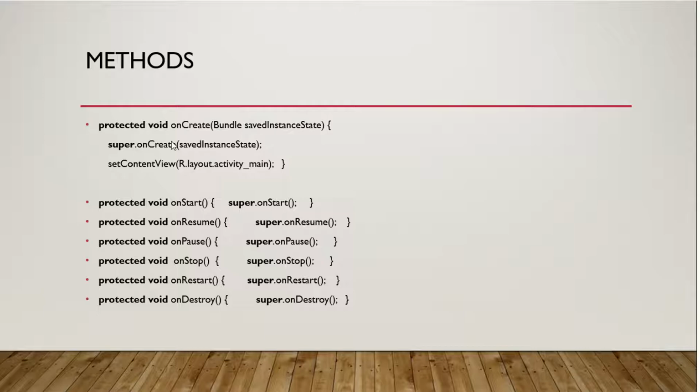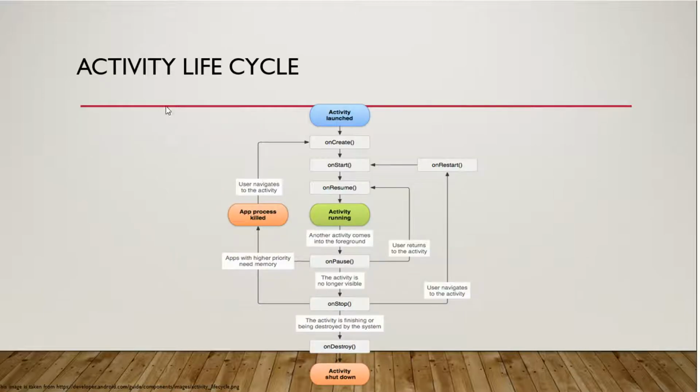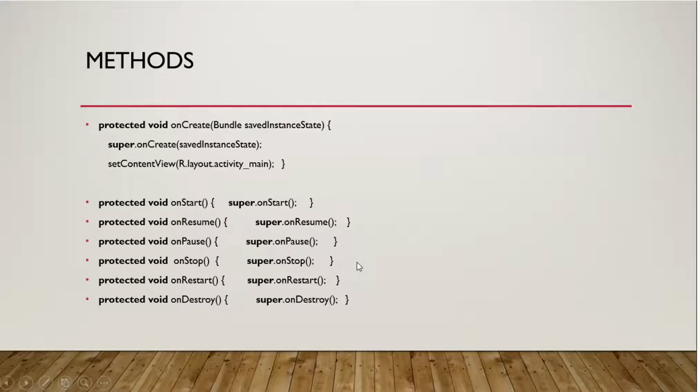After that, there is the protected void onStart method. When the onCreate method is called, a few moments later, the onStart method is started by the system automatically. You can override these methods in the application.